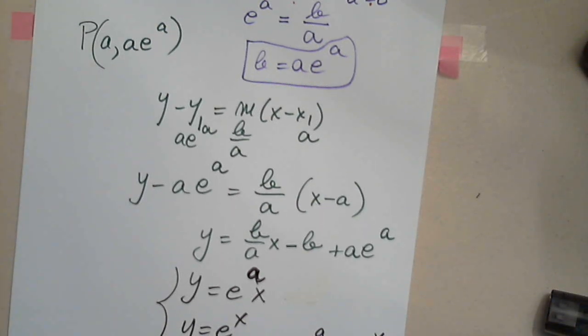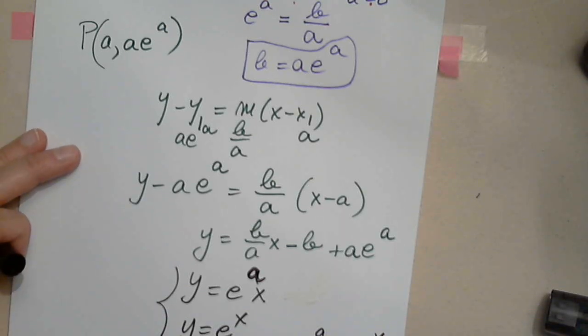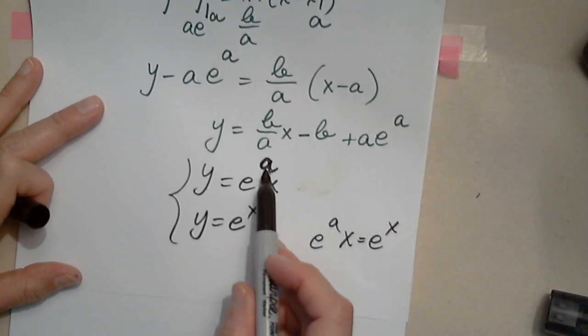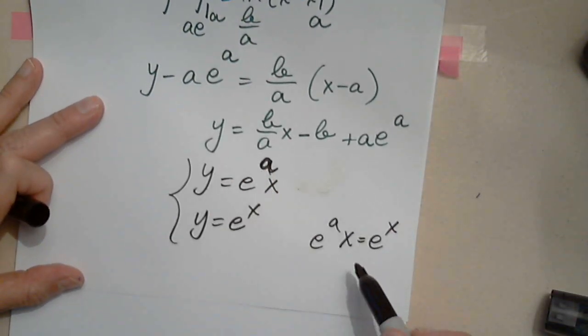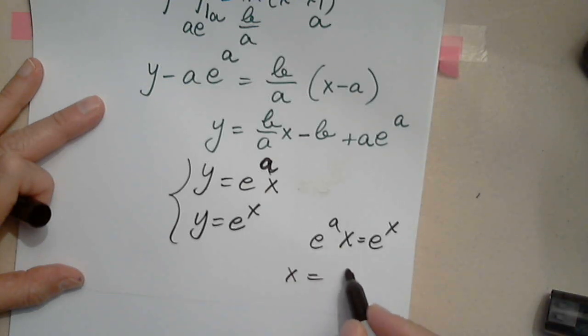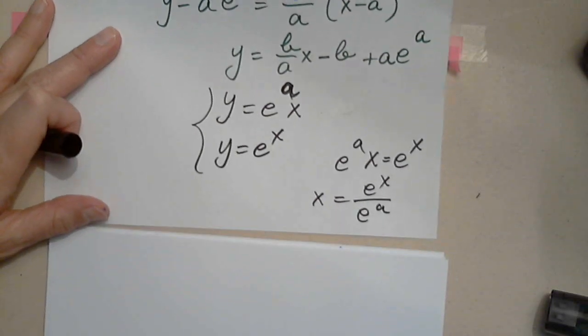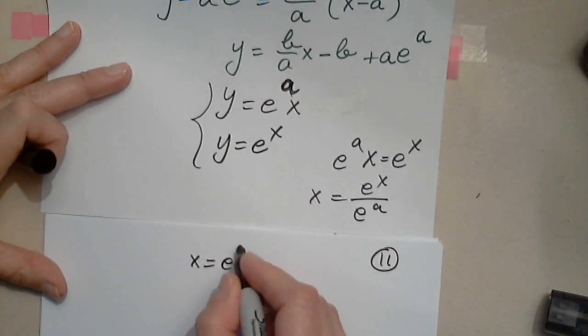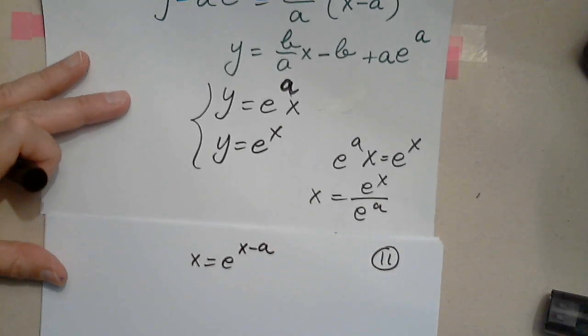So I have to solve this equation for a, because that's the only unknown that we don't have. So x equals e to the x over e to the a, which means x equals e to the x minus a.